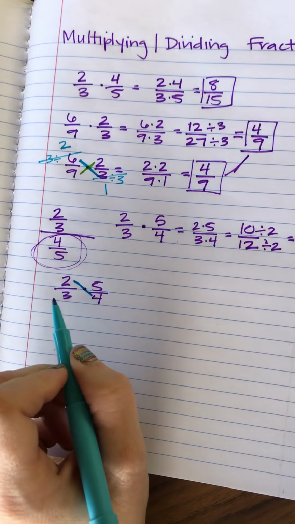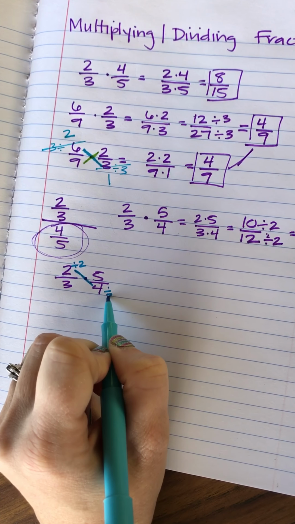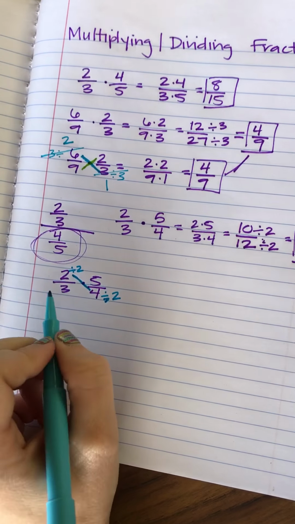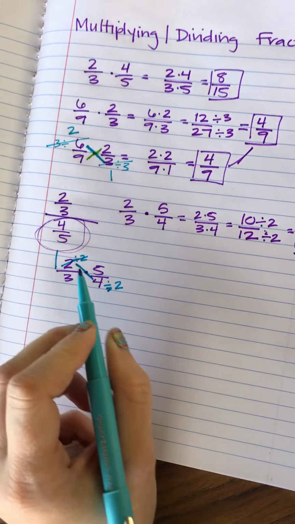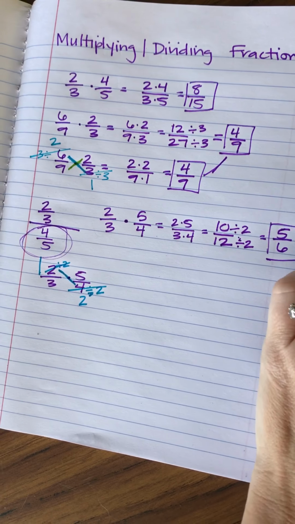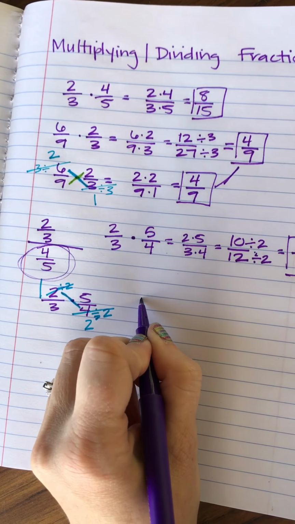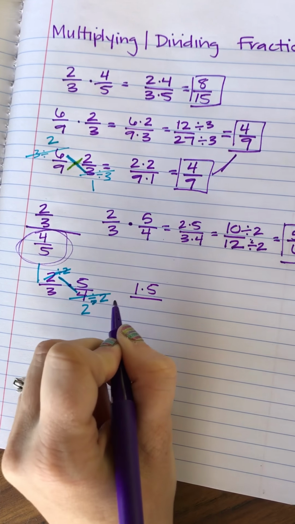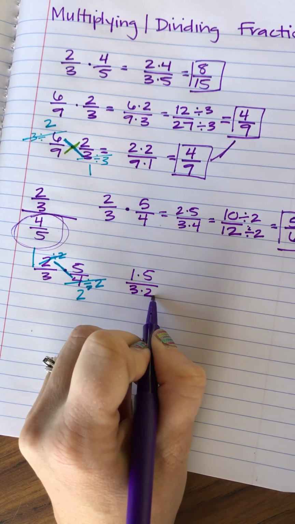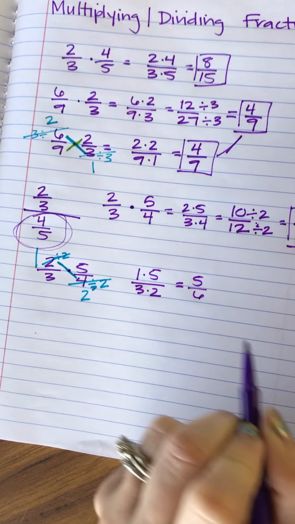So we can divide them both by 2. So 2 divided by 2 then is 1, and 4 divided by 2 is 2. So then our problem becomes 1 times 5 and 3 times 2, which equals 5/6.